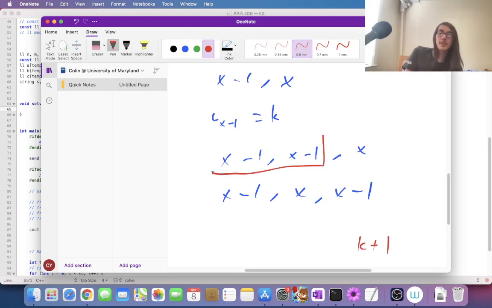And there are k positions that work for x. It just needs to be anything that isn't the last. So it follows that the ratio of permutations that work is k over k plus 1. Because as long as x is not last in this relative ordering, then it is fine. And otherwise it is not fine.